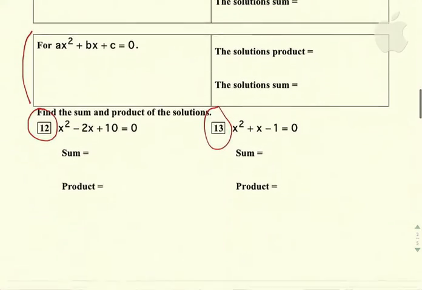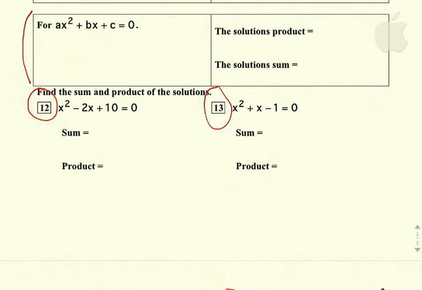Okay, now the sum and product of the solutions. For ax squared plus bx plus c equals 0, the product of the solutions would equal c over a. And the solution sum would be minus b over a.